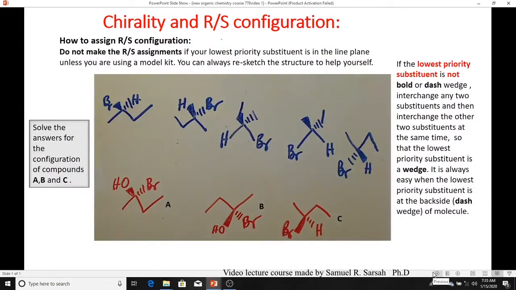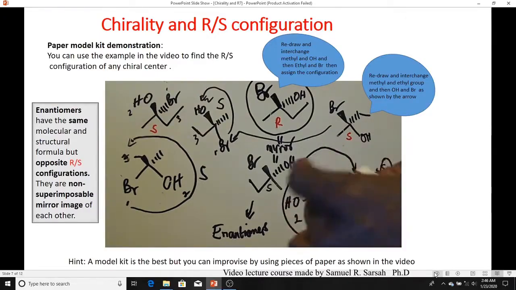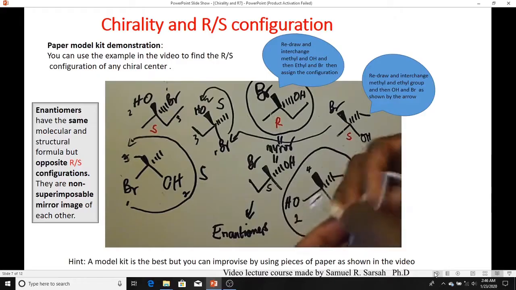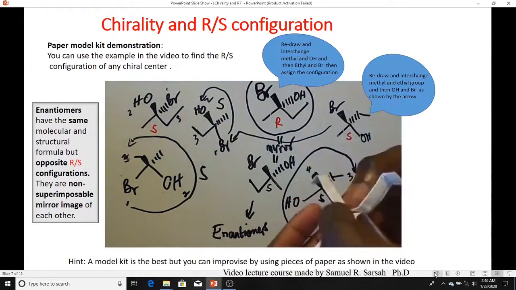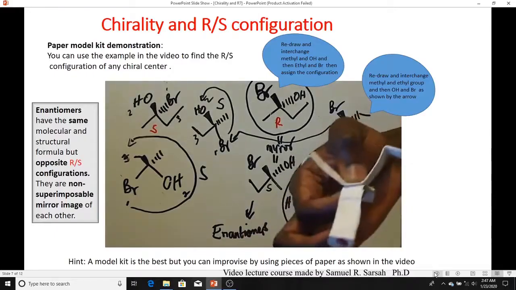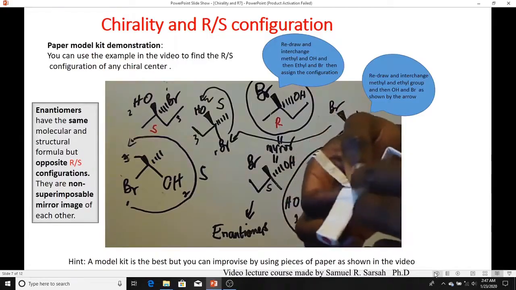We have organic molecules drawn as 3-dimensional structures on the board, and I'm supposed to determine the R and S configurations. Now I have this improvised model kit. I made this from paper. Just cut 2 pieces of paper and then mold them together like this. You can staple the center and then use your thumb as the center for the chiral carbon.